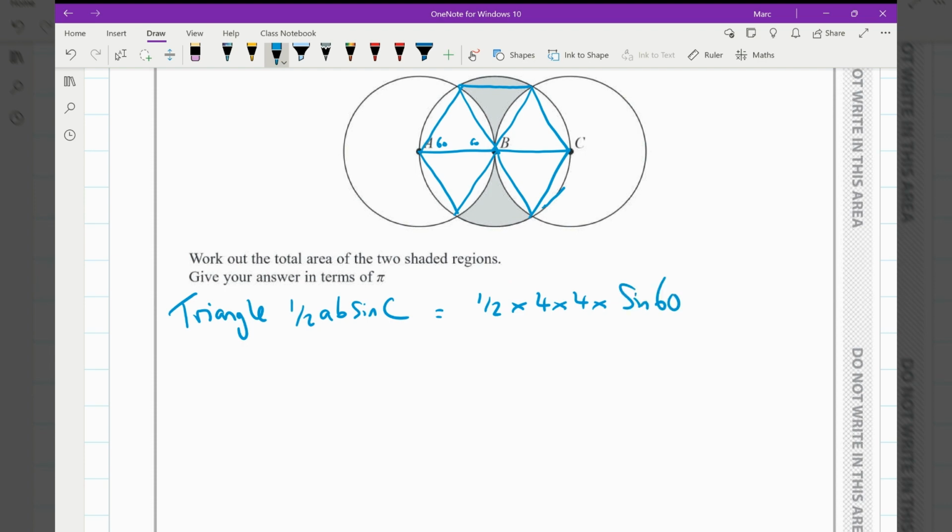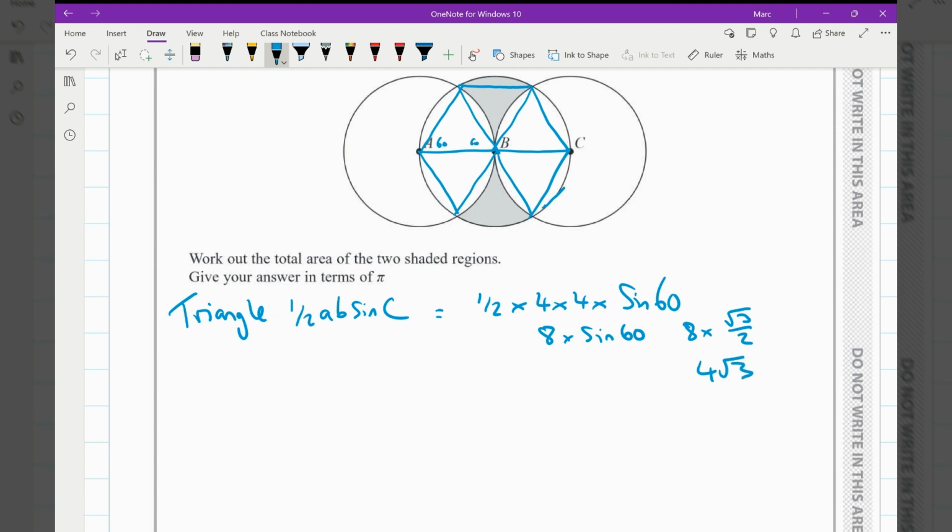Okay, so 4 times 4 times a half is 8 lots of sin 60, and hopefully you've been reading up on your trig values and you'll know that sin 60 is root 3 over 2. So 8 times by root 3 over 2. 8 divided by 2 is 4. So we've got 4 root 3 for the area of that triangle.